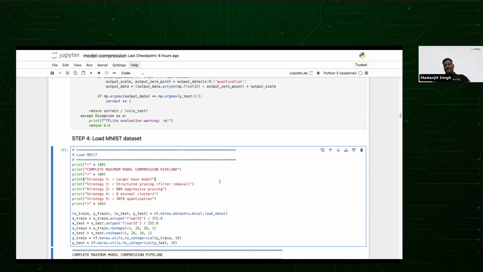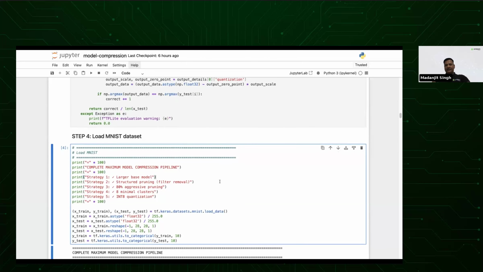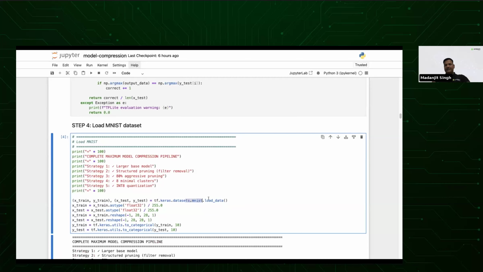So 10 digits, 10 classes, handwritten digits with an image size of 28 by 28 grayscale. This is very standard, so there's no need to have it locally. You can just load it from the Keras datasets and work on it.